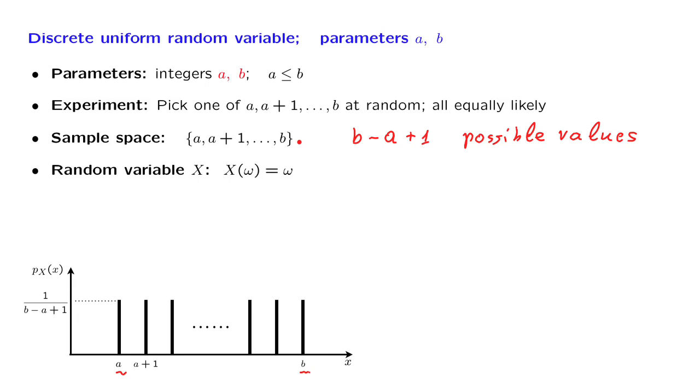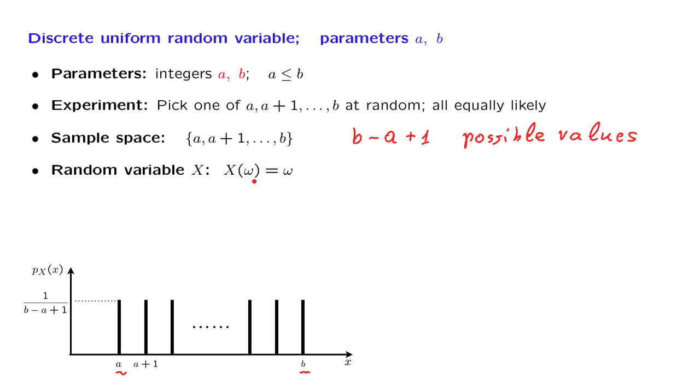If this is our sample space, the outcome of the experiment is already a number. And the numerical value of the random variable is just the number that we happen to pick in that range. So in this context, there isn't really a distinction between the outcome of the experiment and the numerical value of the random variable. They are one and the same.